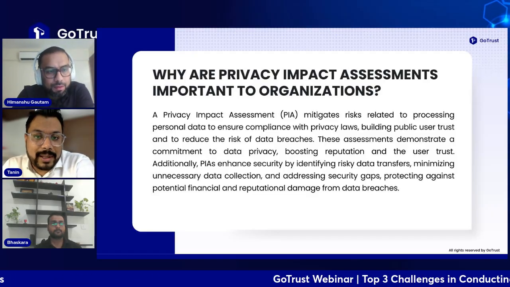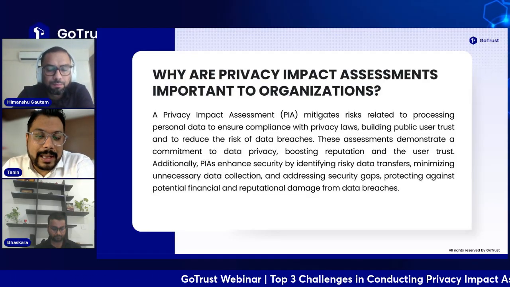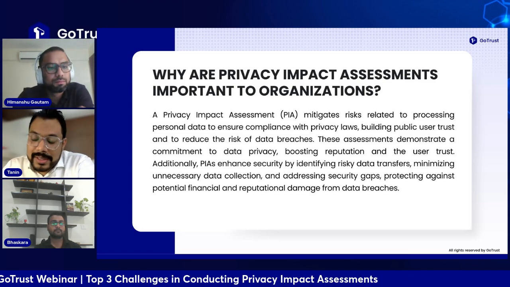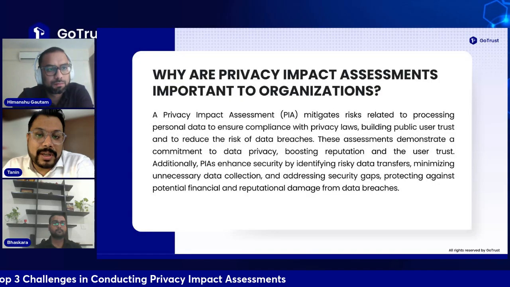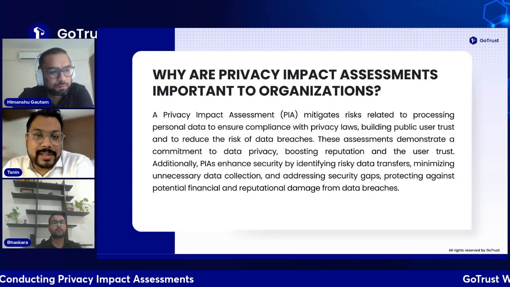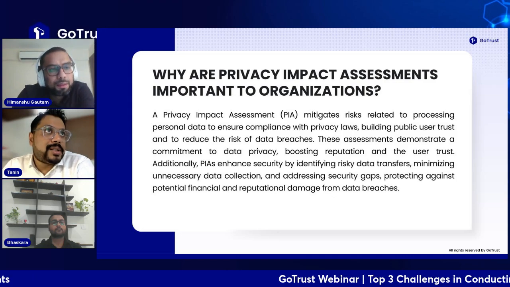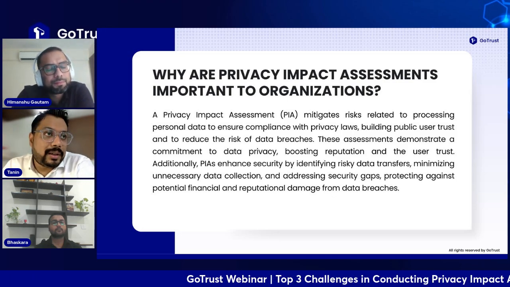DPIA is one of the assessments that helps the organization understand the need for data storage, and all the checks and balances on the data have to go through the DPIA for all applications. Organizations that have not done it should get in and start doing it.